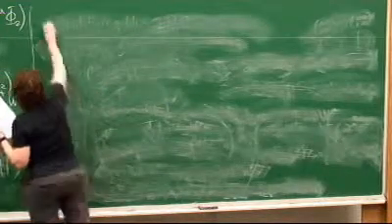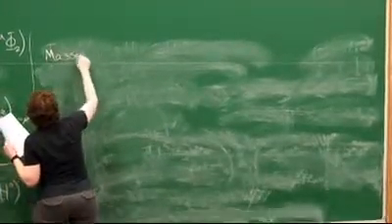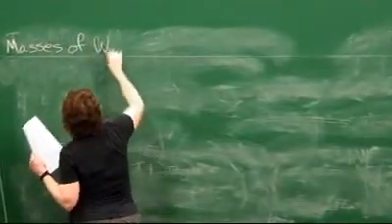So for the masses of the W and Z, we just want to take the pieces with the V's.